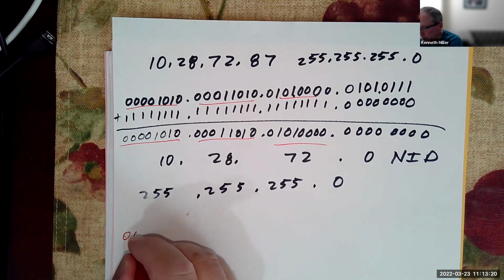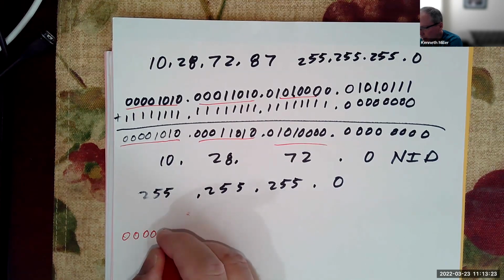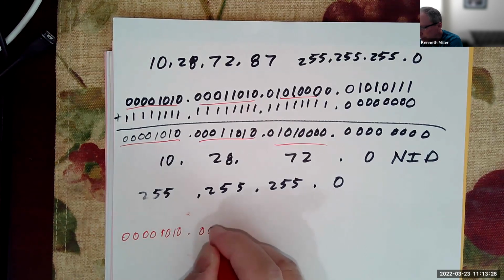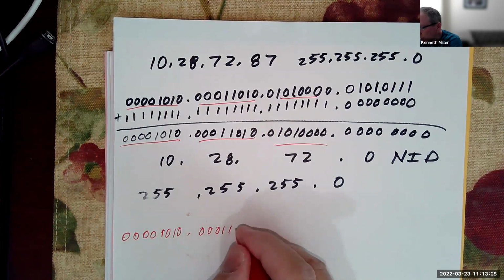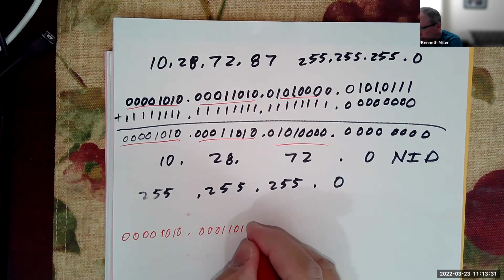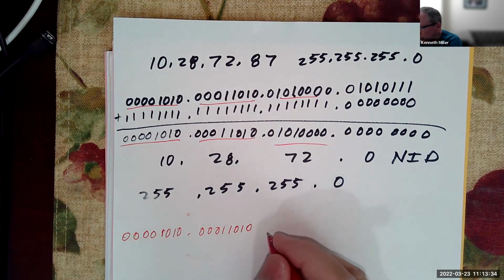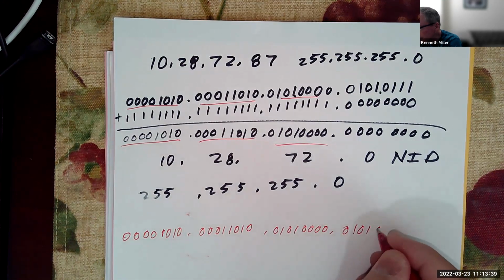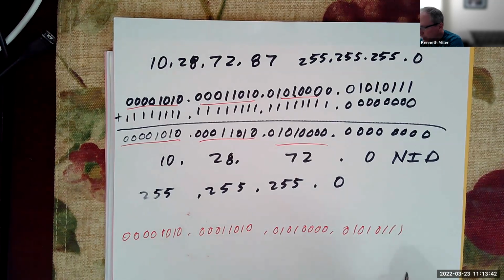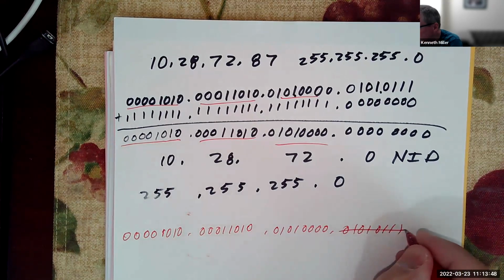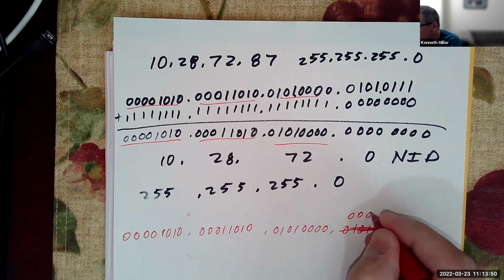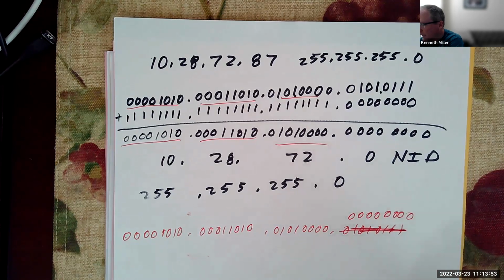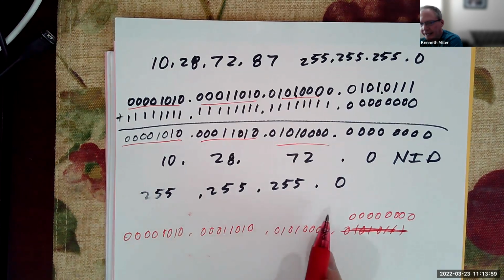So we'll do 0 0 0 0 1 0 1 0, 0 0 0 1 1 0 1 0, 0 1 0 0 1 0 0 0, and then the last. Actually, that's not correct. This last one is the network ID, not the IP address. So this is just 8 zeros.